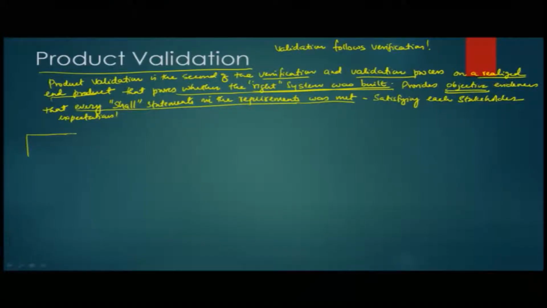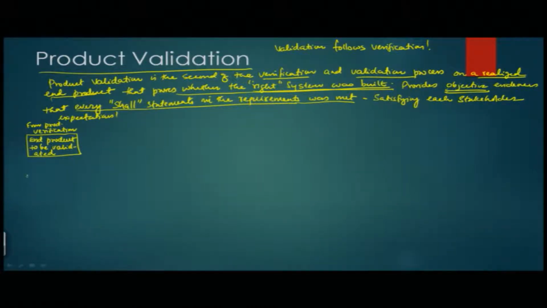So, if we diagrammatically represent this, we have the following system. Again, we follow the same pattern as before. Here it is the end product to be validated. This will come from the product verification, that is one of the inputs.